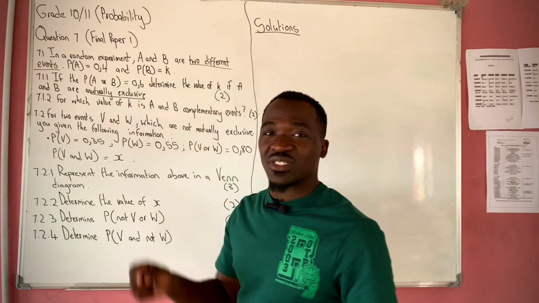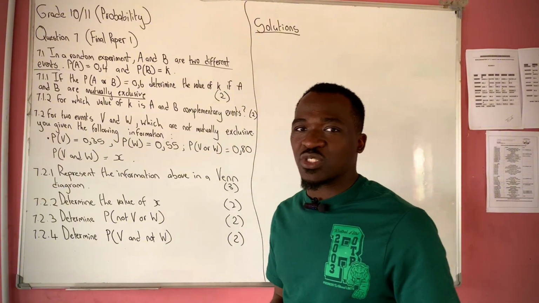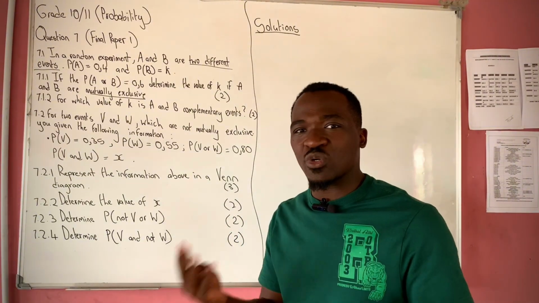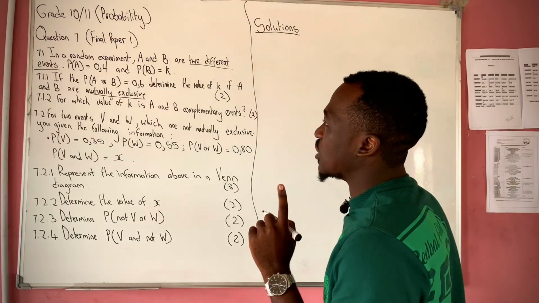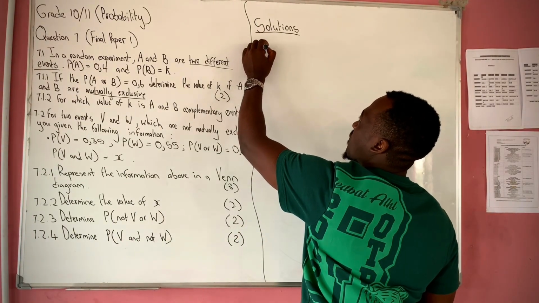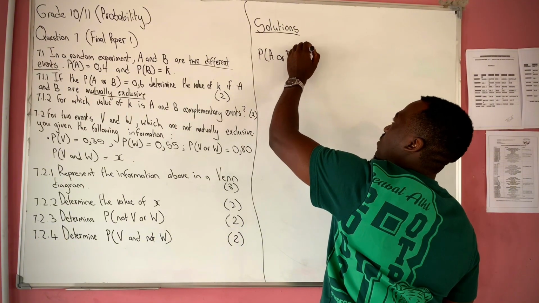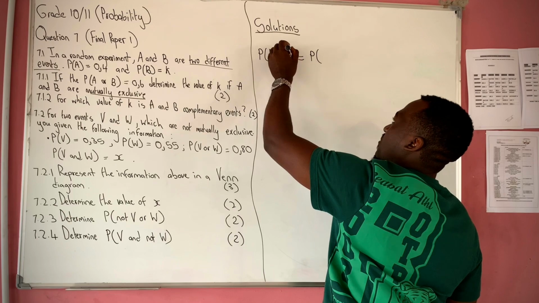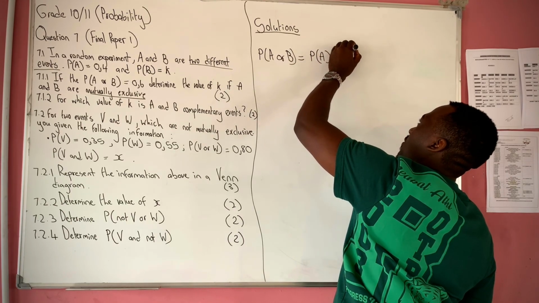Mutually exclusive simply means two events that cannot happen at the same time. That is why we come to the fact that P of A or B is simply equal to P of A plus P of B.